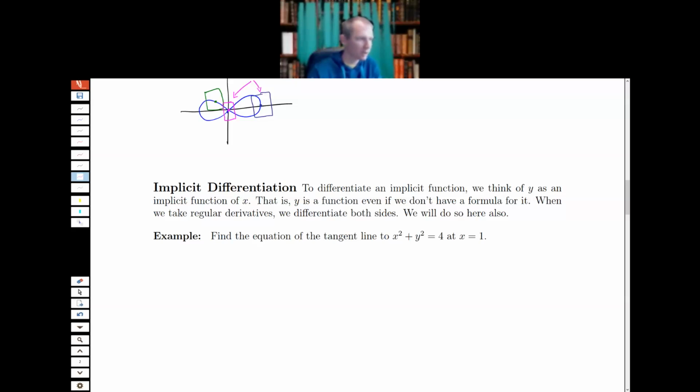When I take a regular derivative, we take the derivative of both sides. We don't think about it, but if I write like y equals x cubed, then when I take a derivative, on the left, I rewrite the y as y prime, and then I use my derivative formulas on the x cubed.